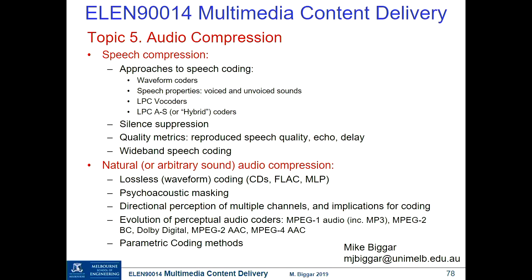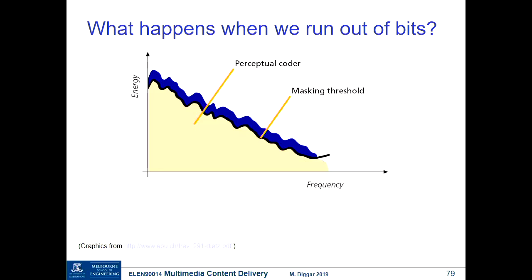Okay, so I told you that was going to be a very brief introduction to the development of these standard coders, but I wanted to finish by looking at where even more efficient audio coding has gone after the development and exploitation of these psychoacoustic properties. So, in the same way as we discussed what we could do with video coding if we are running out of bits, we can ask the same question of audio.